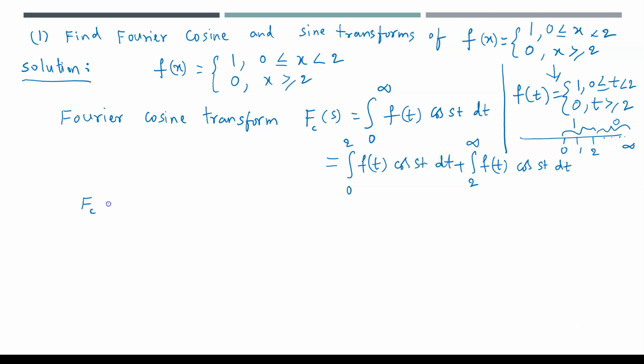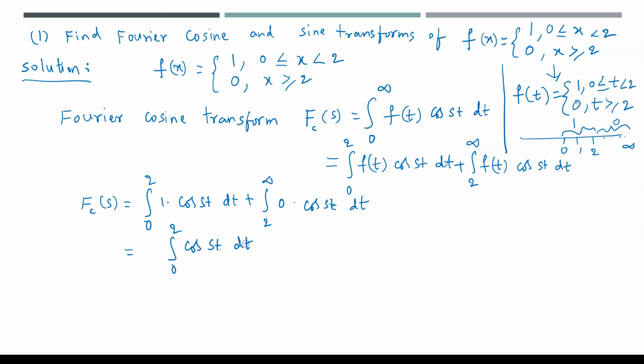So here Fc(s) equal to integral 0 to 2 1 into cos st dt plus integral 2 to infinity 0 into cos st dt. When the function is 0, then that whole integral becomes 0. So here it is equal to integral 0 to 2 cos st dt. Here integral cos x dx equal to sin x. So if you consider integral cos ax dx, then you get sin ax upon a.